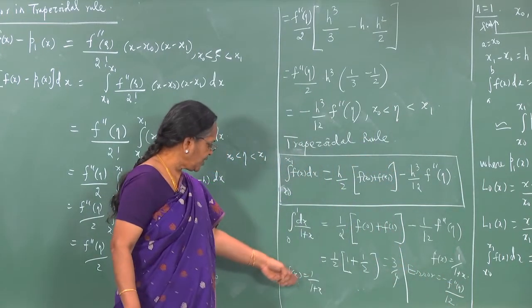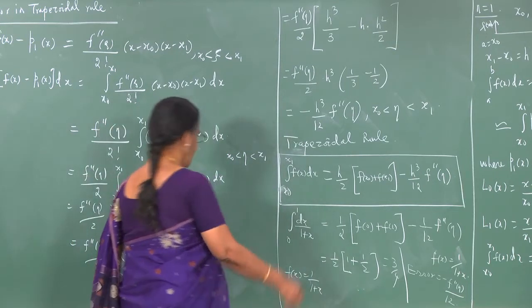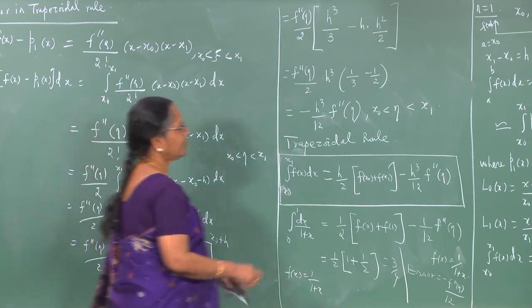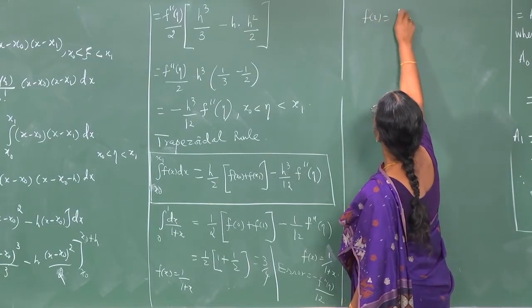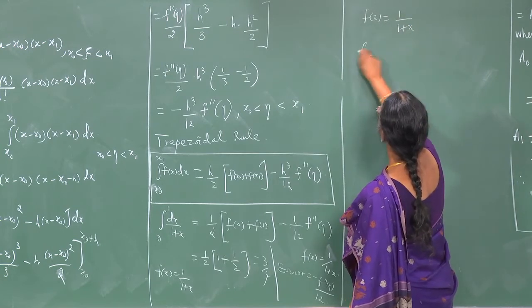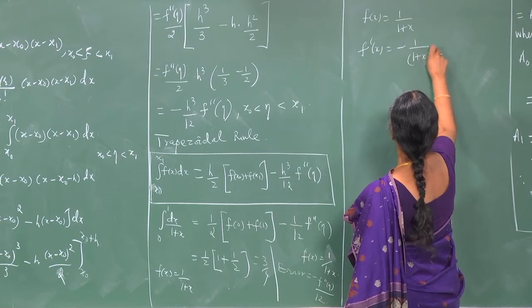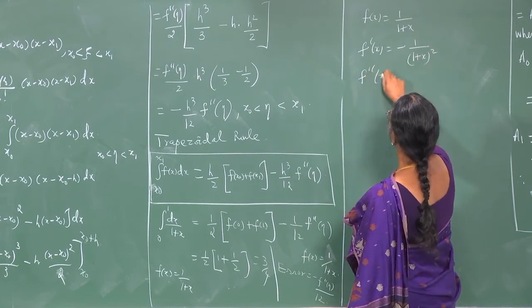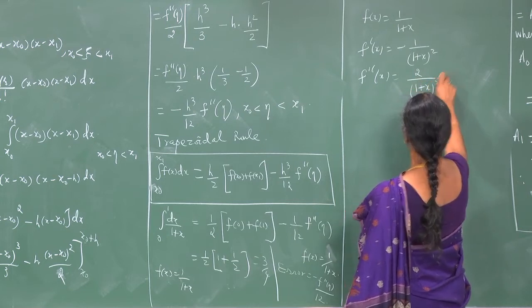Knowing f of x, which is 1 by 1 plus x, you can compute the second derivative. So, the second derivative will be, f of x is 1 by 1 plus x, f dashed of x will be minus 1 by 1 plus x the whole square, and f double dashed of x will be 2 by 1 plus x the whole cubed.